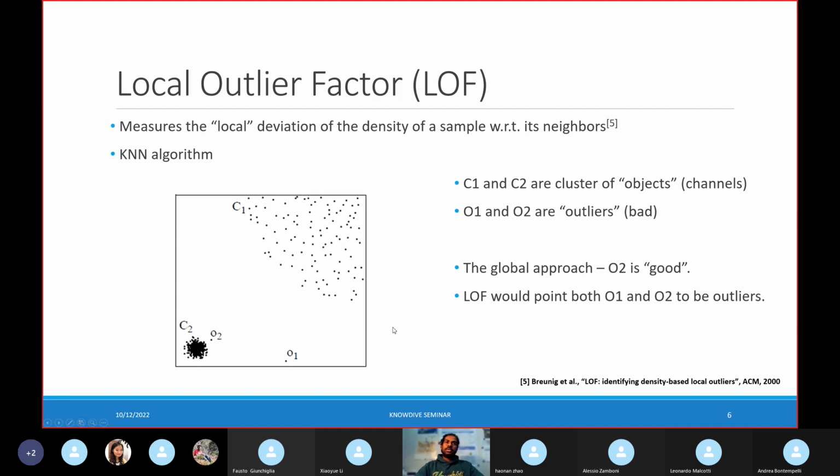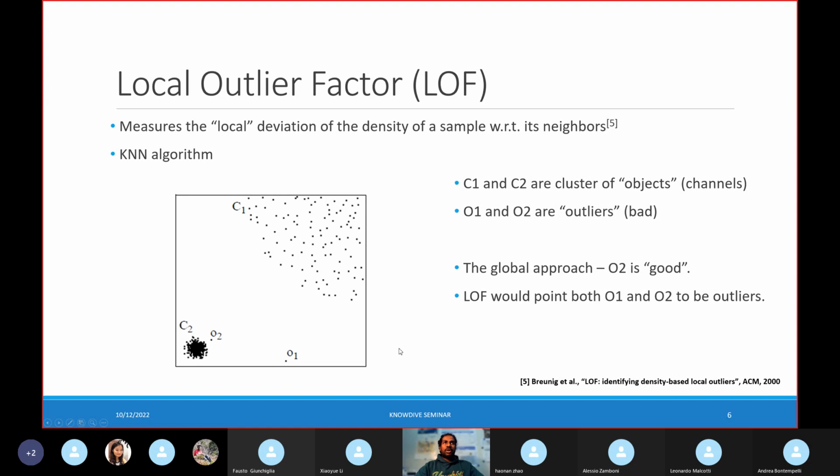If we approach the outlier detection problem in a global view, O1, being far away from all of these clusters and points, can be detected as an outlier, but the object O2 will be detected as a good object rather than bad, because the distance between C2 and O2 is not so far compared to the distance between C1 and O1. So if you adjust the threshold to also detect O2 as an outlier, then you risk having so many false positives in the cluster C1.